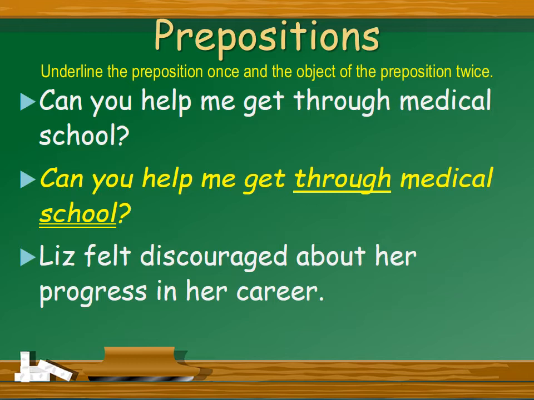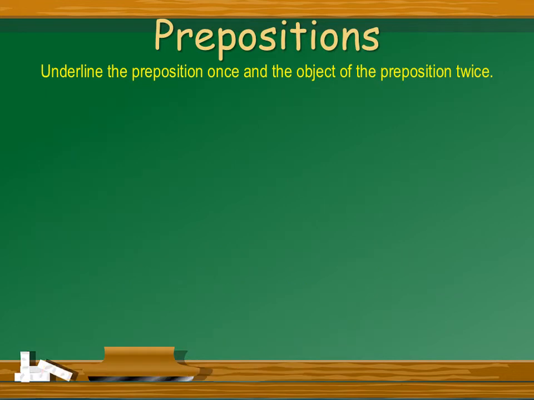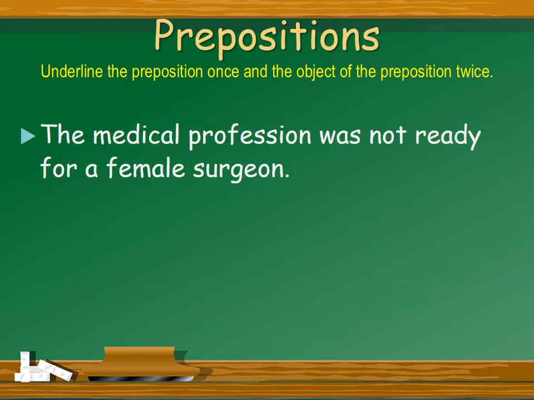Lise felt discouraged about her progress in her career. We found two prepositions, about and in. And the objects are progress and career. Next, the medical profession was not ready for a female surgeon.